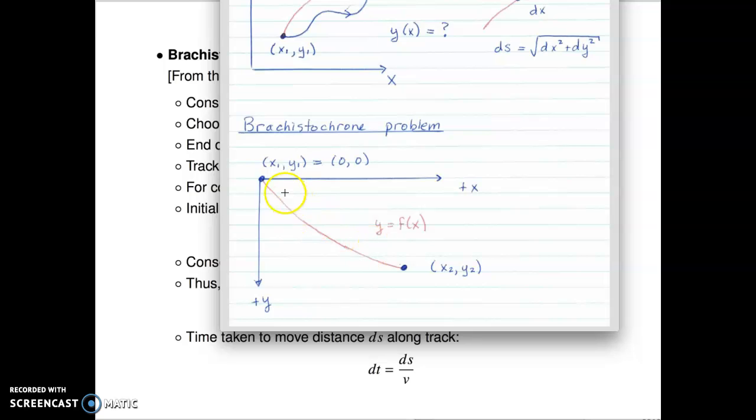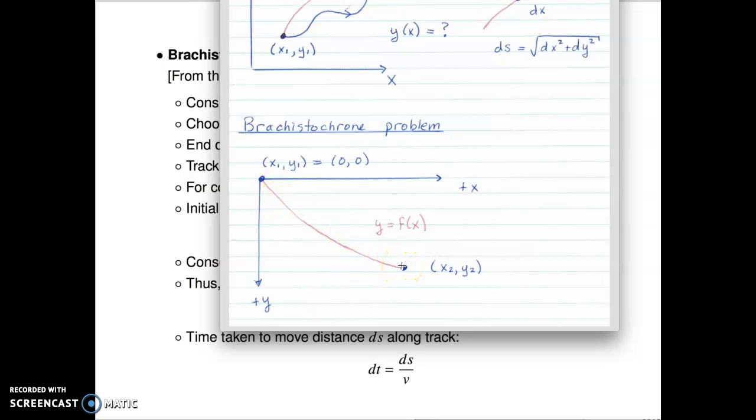Okay? So again, this is a surface. We're going to make it a frictionless surface. Think of it as a track, or a surface that an object can slide down. And here's the question. What is the function f of x, which describes the shape of this curve, that will minimize the time it will take an object to start at point 1 and finish at point 2?